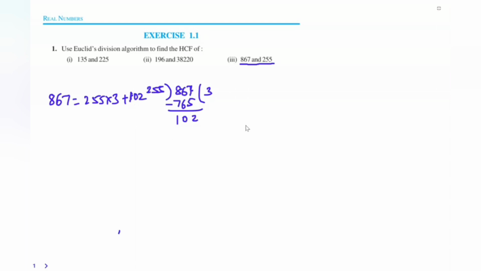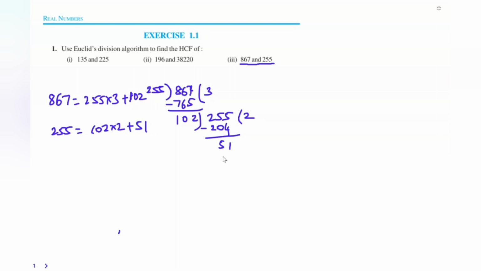Next let us divide this continuously. Applying division algorithm on 255 and 102, we get 102 twos are 204. So let us subtract. You will get 51. So the second step of the division algorithm is 255 is equal to 102 times 2 plus the remainder 51.